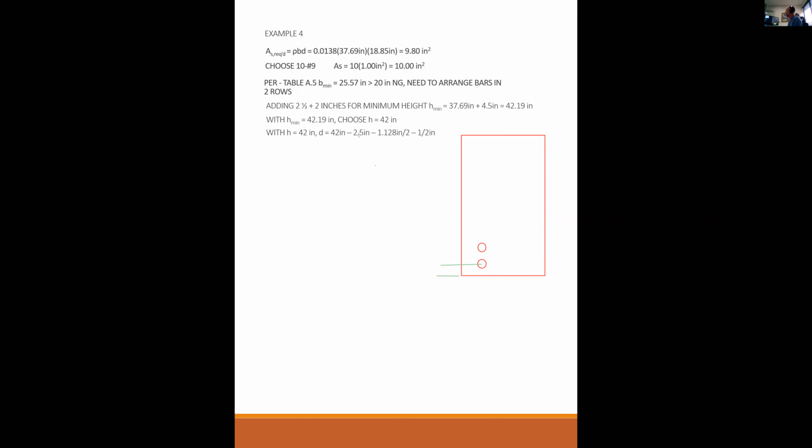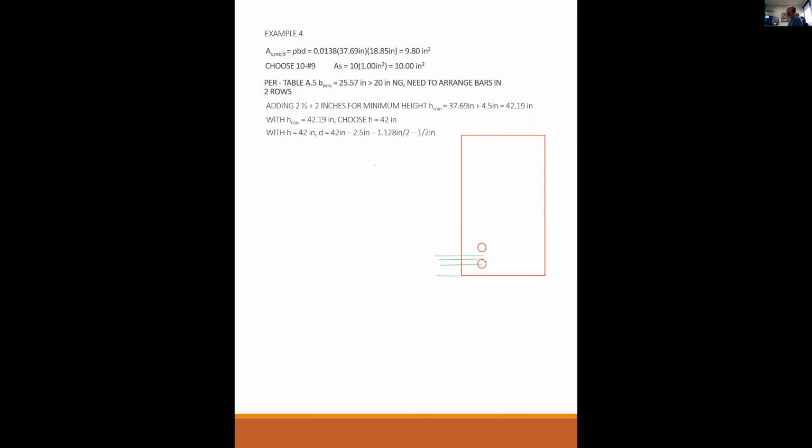That's right here. But then to get from the center of the steel to the top of the steel is D over 2, or 1.128 over 2. And then to get from the top of the steel to the centroid of my steel, this space here is 1 inch. So I have to put in another 1/2 inch.